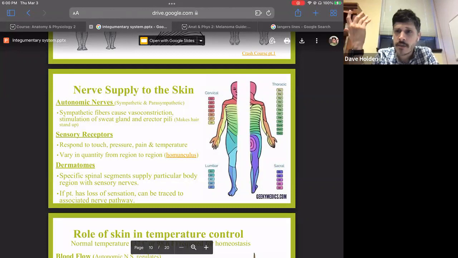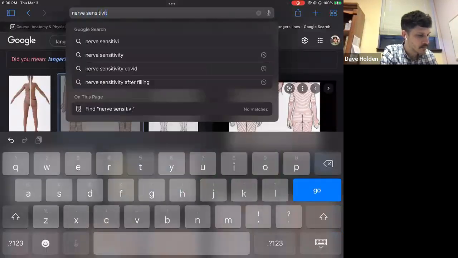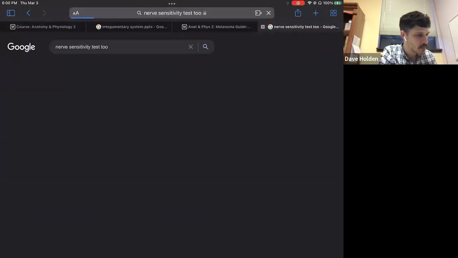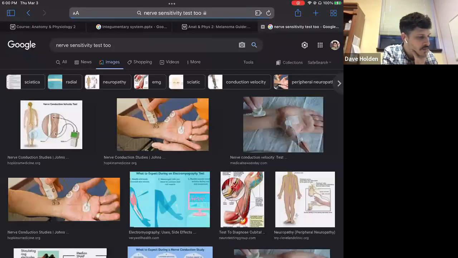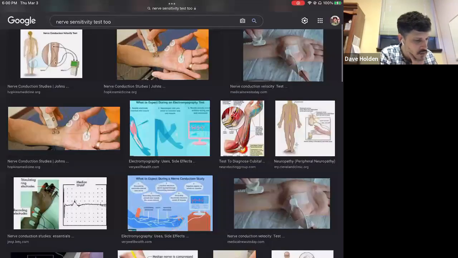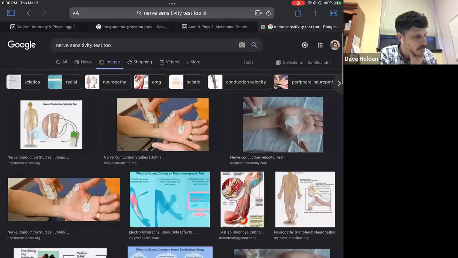So why do massage therapists learn about dermatomes? Well, if they've lost any kind of sensation or there's a central nervous system issue, maybe they've got numbness, I can test. So let me pull up a little nerve sensitivity test tool.